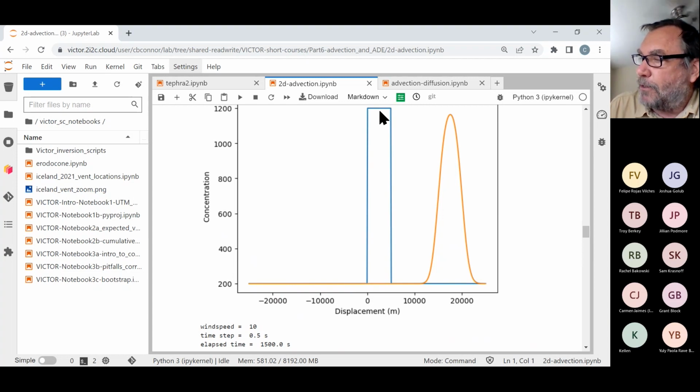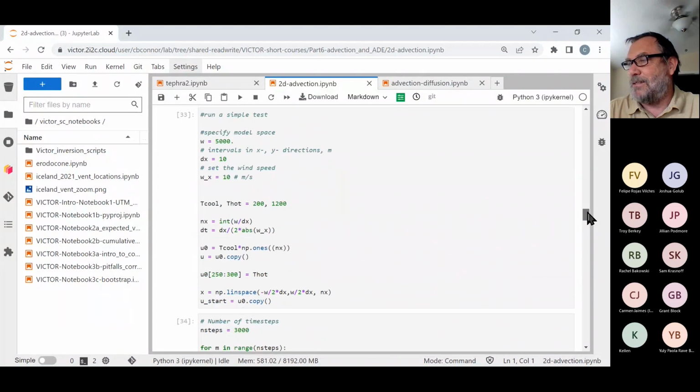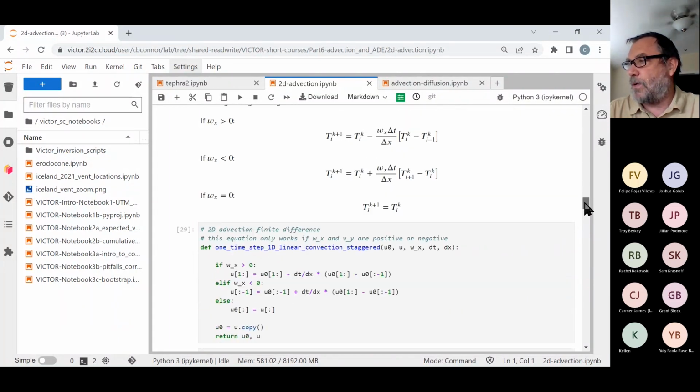I mean, it's kind of losing its shape, and it looks like material is diffusing outward from the center. So instead of the line being vertical, the line is now sloping at positive and negative values, right? And that's a diffusion term that's built in to the discretization of these expressions, right?